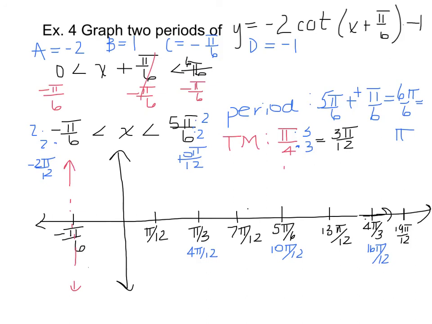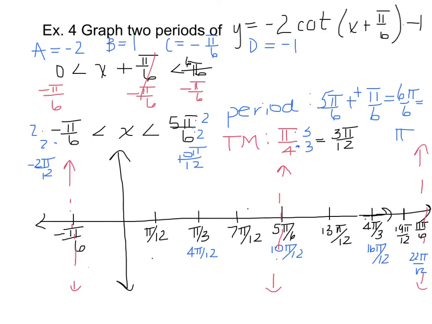An asymptote here. We need 1 more. So 19 plus 3 is 22 pi over 12, which reduces to 11 pi over 6. So that's my last asymptote.